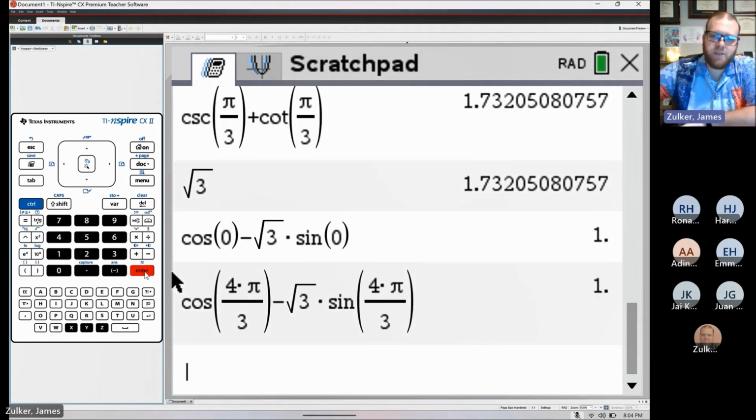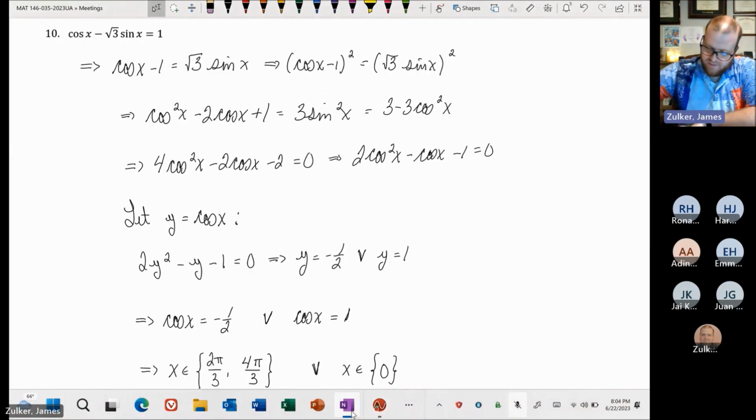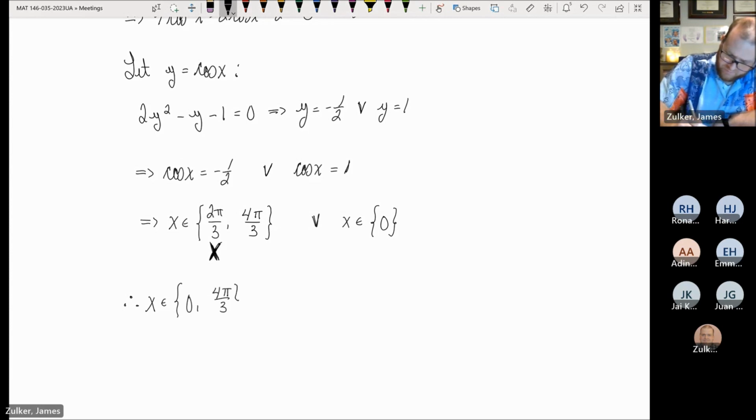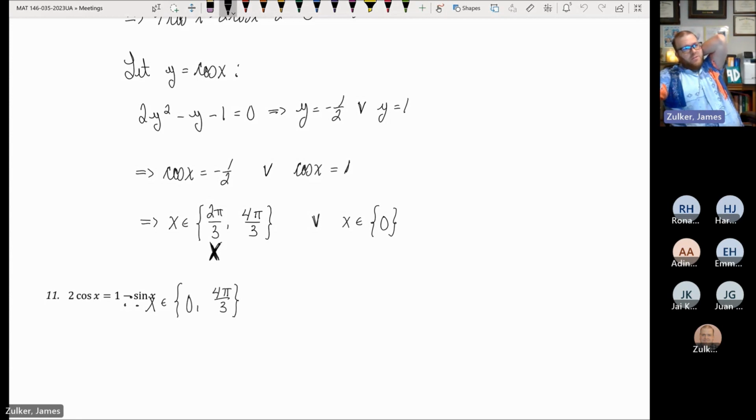And 4 pi over 3 also works. So there's our solution set.